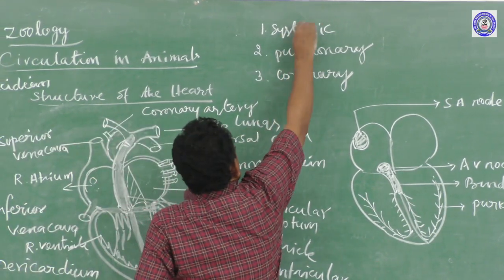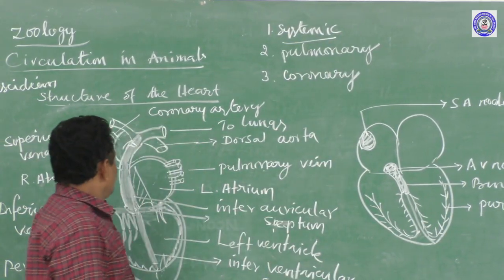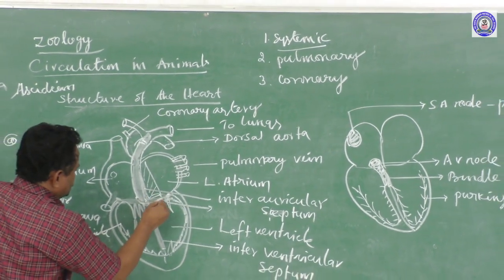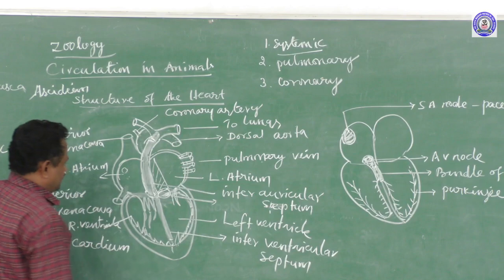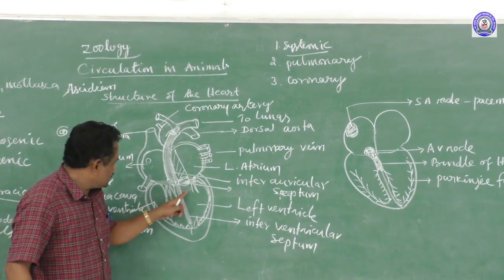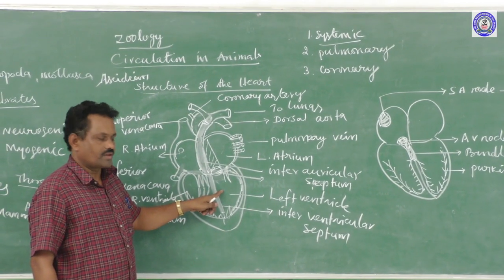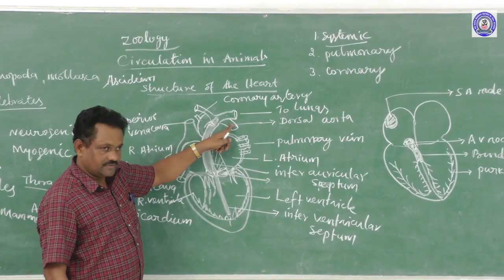In systemic circulation, the pumping and transportation of blood arises from the left ventricle through the dorsal aorta.